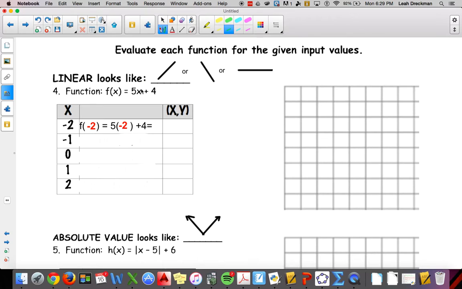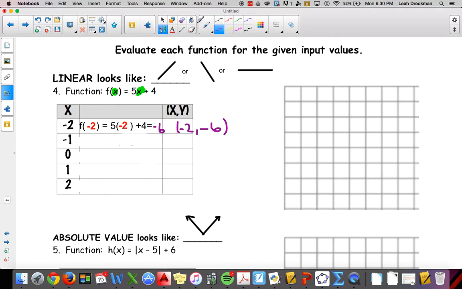So up here I've just taken every x and replaced it with -2. Evaluating the right side only, we're going to get -10 plus 4, which is -6. So our input is -2, our output is -6, and eventually we'll plot these ordered pairs on the graph.